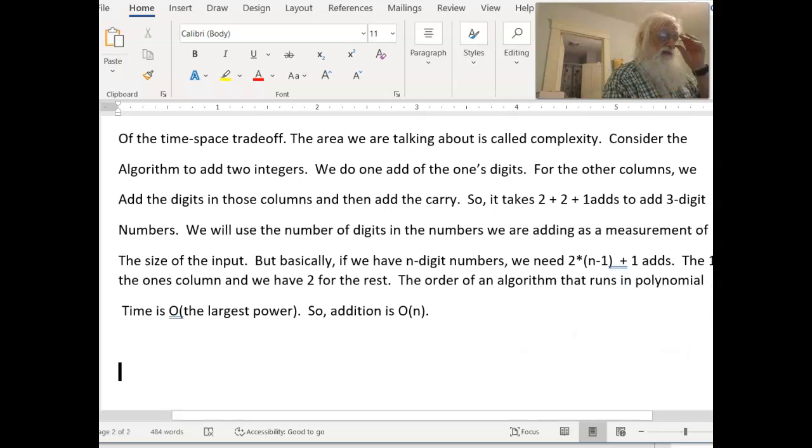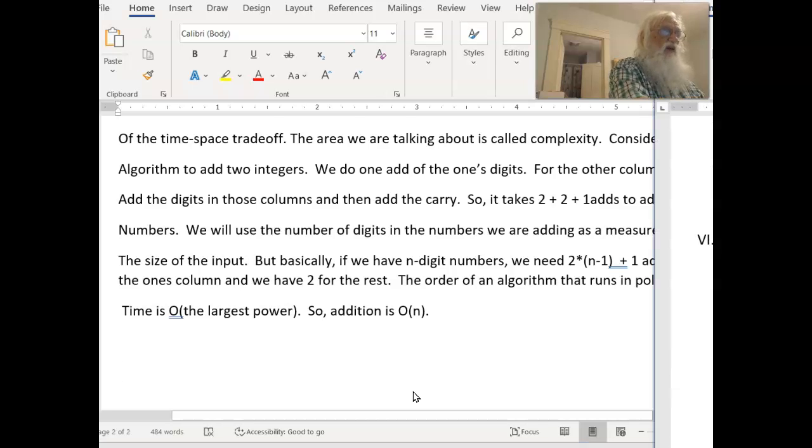Let's take another one. I think most of you know what a prime number is. It is a number that is only divisible by itself and by 1. How do we tell if a number is prime?